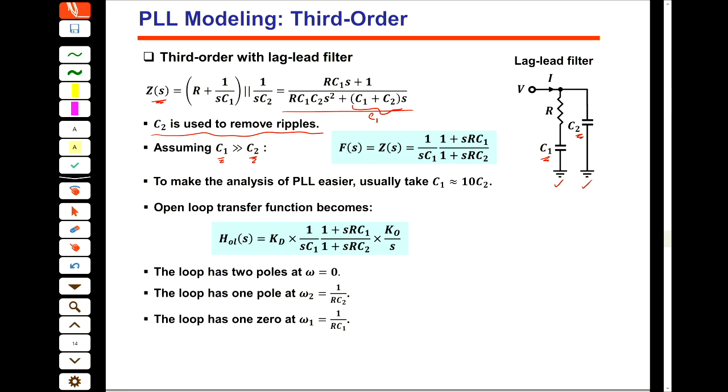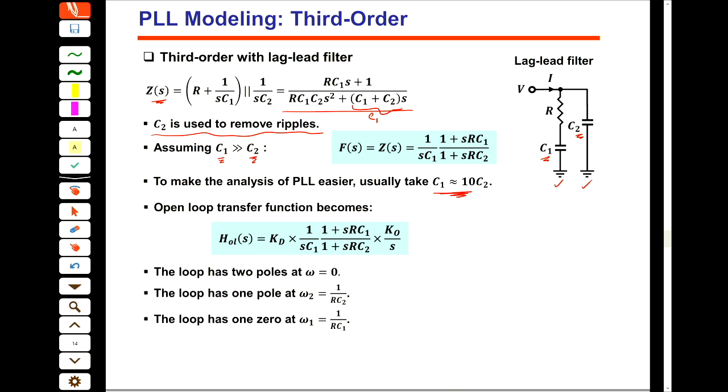Because this is third order, I want to change it to a second order filter, with the same analysis that we have done before. So I assume that C1 plus C2 is equal to C1. Our assumption is valid if C1 is 10 times C2.